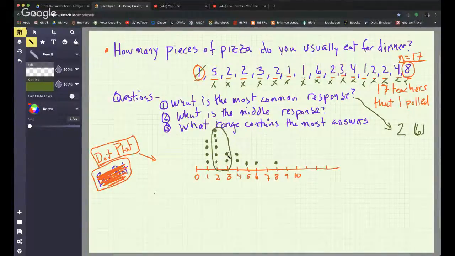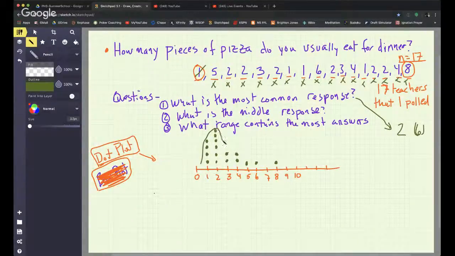And so maybe I could just circle the 2 and the 3 and know that that definitely is the middle. And what range contains the most answers? Well, the range that contains almost all of the answers is 1 and 2, because that's 10 of my 17 responses, 6 plus 4.